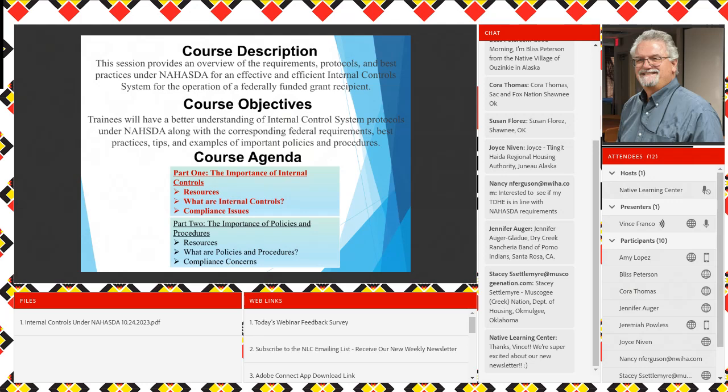And that is the operation, number one. Number two would be the financial activities. And number three would be the compliance protocols. Those three things are the pillars, so to speak, of internal controls.